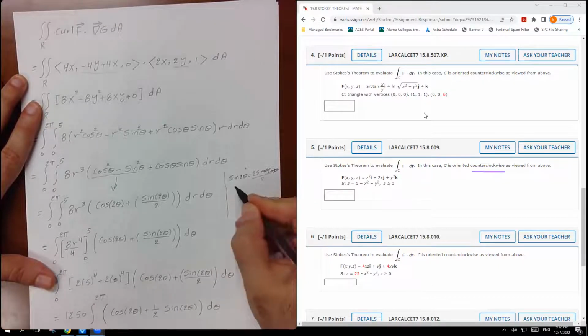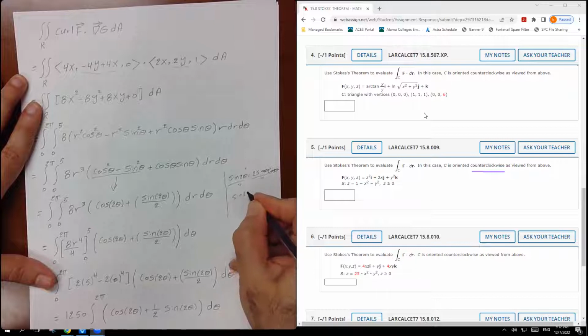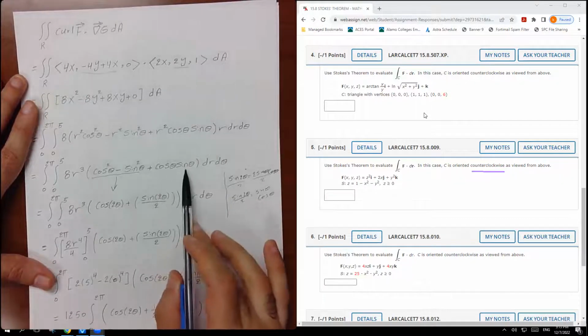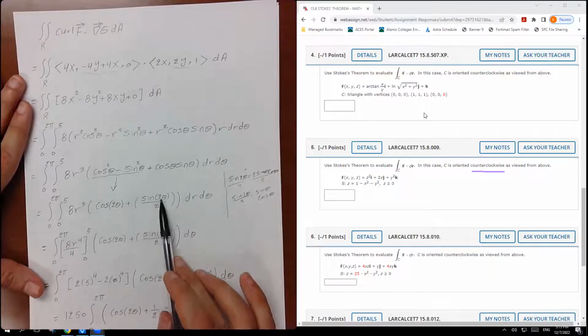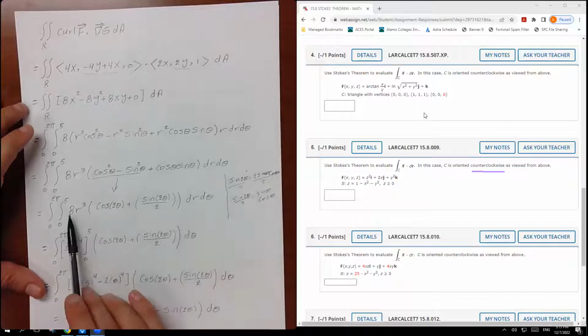Divide both by 2, so sine 2 theta over 2 is going to be equal to sine theta cosine theta. So sine theta cosine theta is going to be sine 2 theta divided by 2, dr d theta. Now let's do the integral with respect to r.